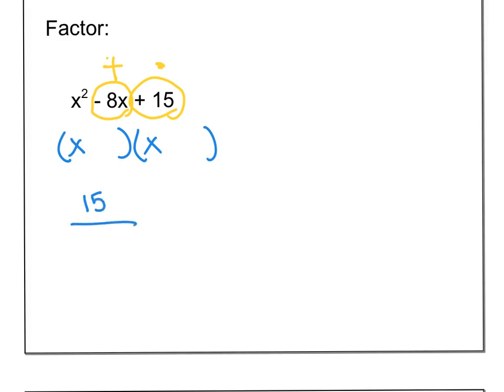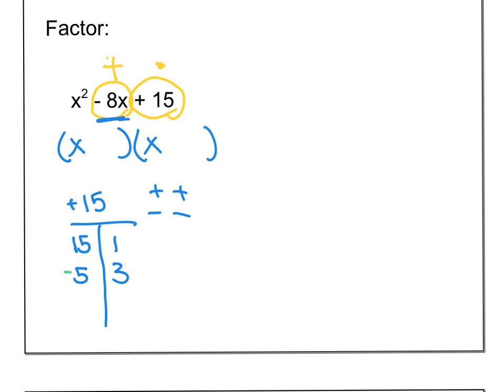Start by making a list with your multiplying. So factors of 15. I could do 15 times 1, and I could do a 5 times 3. Now, if it's going to multiply to a +15, I either need both numbers to be positive or both numbers to be negative, and I'm trying to add to -8, remember, from right here.